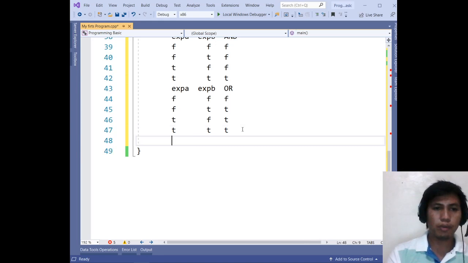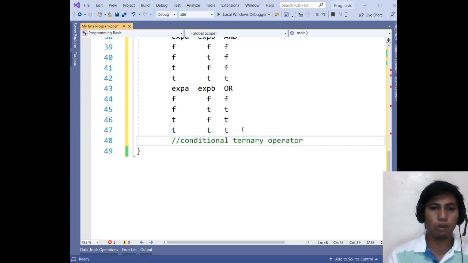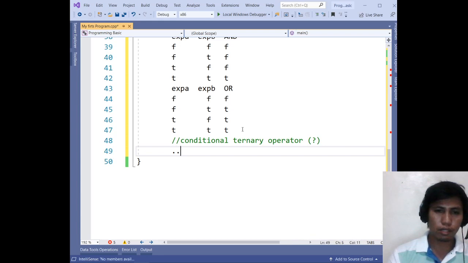Then we also have the conditional ternary operator. The conditional ternary operator is the question mark symbol. The syntax is, we have condition, then question mark, then result 1, followed by colon, then result 2.